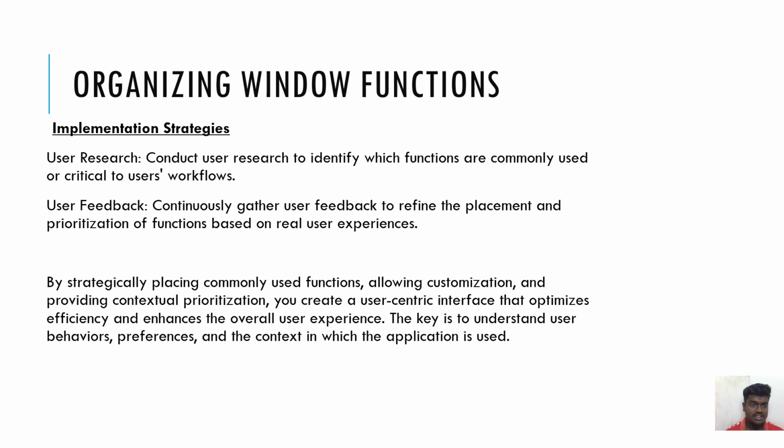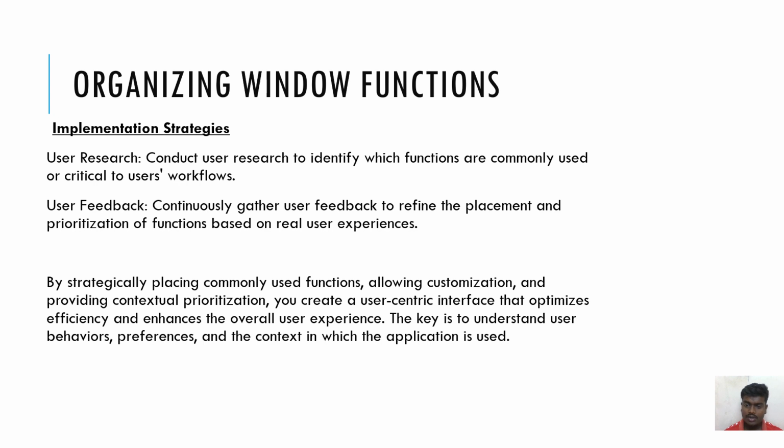Implementation strategies: user research. Conduct user research to identify which functions are commonly used or critical to users' workflow. User feedback: by strategically placing commonly used functions, allowing customization, and providing contextual prioritization, you create a user-centric interface that optimizes efficiency and enhances the overall user experience.